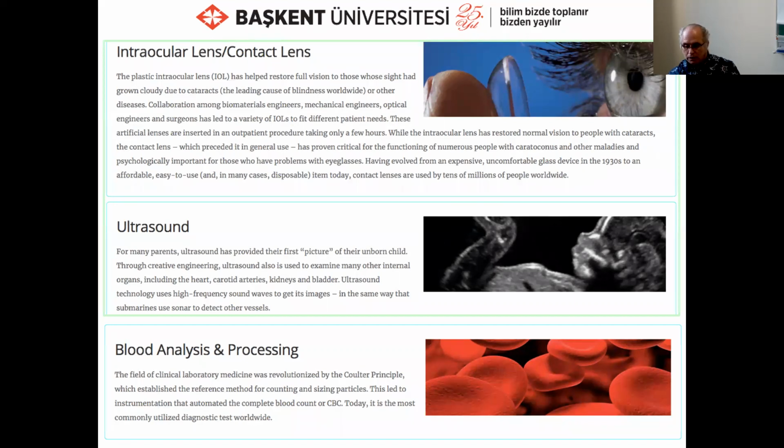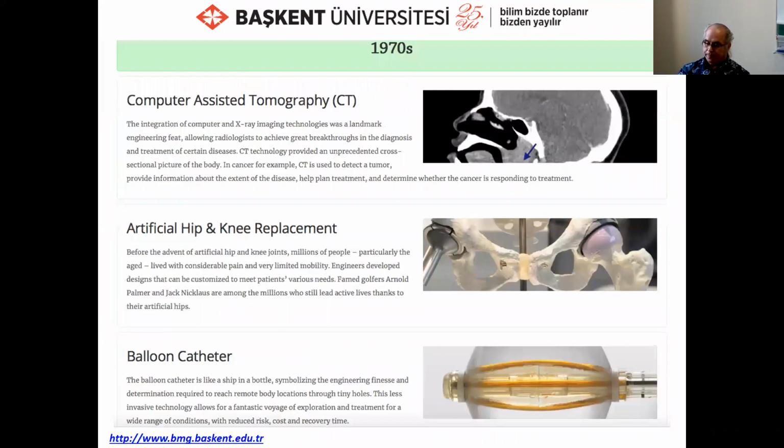Also, during this period, blood analysis and processing could be realized. This is very important for the diagnosis and therapy of people, and up to date, we can reach many different types of diagnostic tests and analyses.